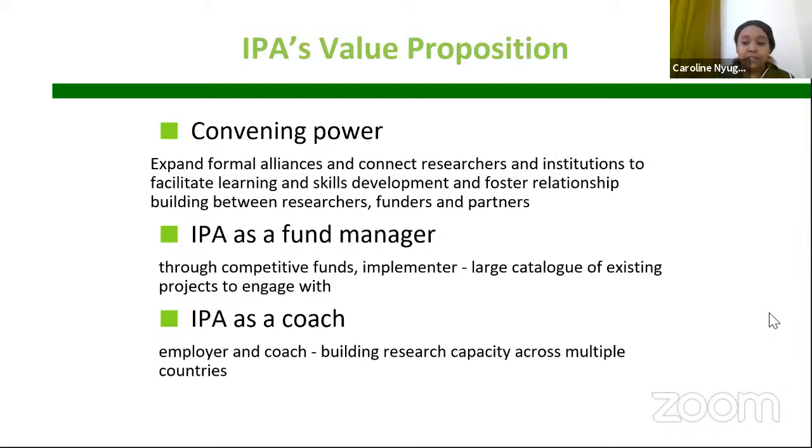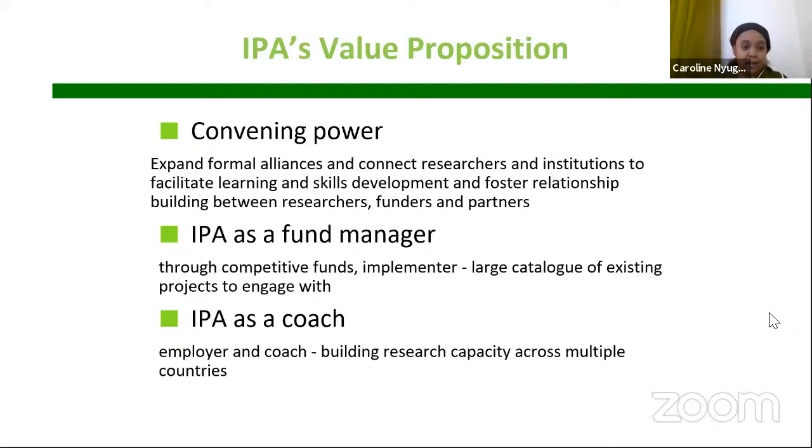So the first one is convening power. At IPA, we work with researchers, and we believe we have great convening power in that we are the center of local and international academia. In addition to that, we work with implementing partners and we work with governments. So we can bring all these partners together to work on matchmaking, as well as building connections, and this would be across countries and between countries.